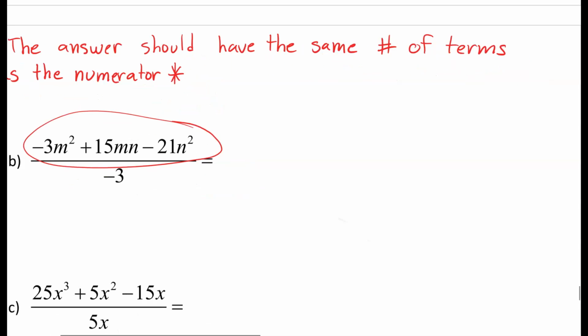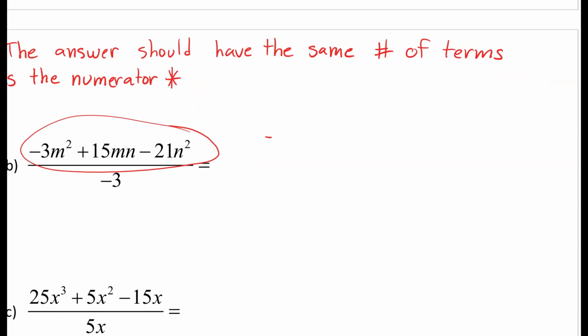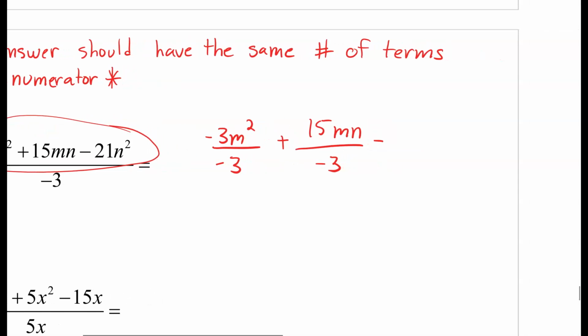Start by breaking this up. So we're going to have negative 3m squared over negative 3 plus 15mn over negative 3, subtract 21n squared over negative 3.